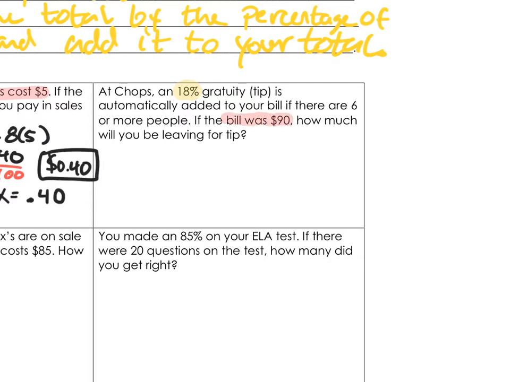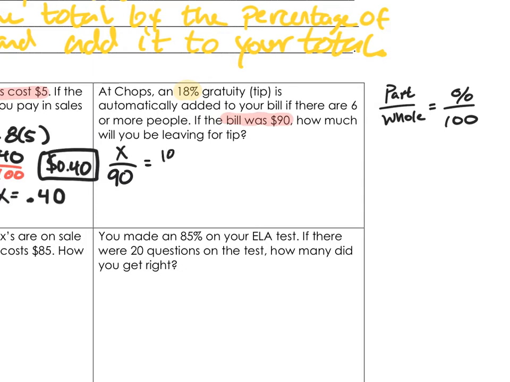Well, that means we need to set this up, and remember, we're still using part over whole equals percent over 100. So we don't know the part, we're going to call that X over the entire bill, which was $90. And that has to equal, we want to know what is 18% of that.